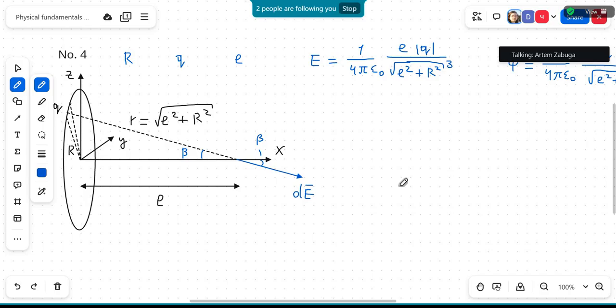According to our calculus course, how can we find the maximal value of a function?